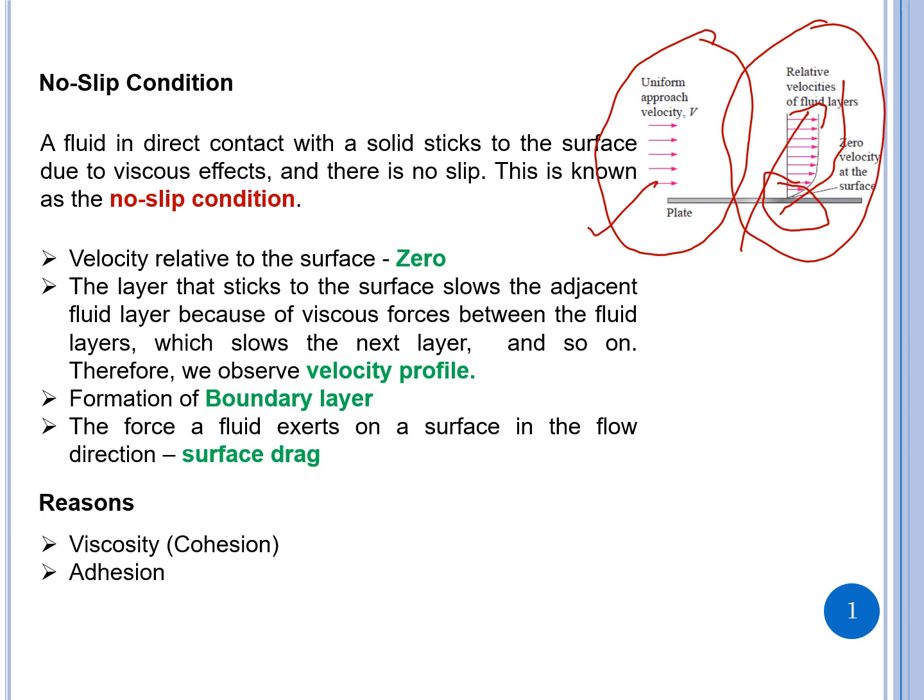Now the reason for this no slip condition, the reason for this velocity profile, is viscosity. As you know, viscosity is the resistance to flow, and we discussed in the first class that fluid particles always deform because of shear force. This deformation and the resistance to this deformation is the viscosity.